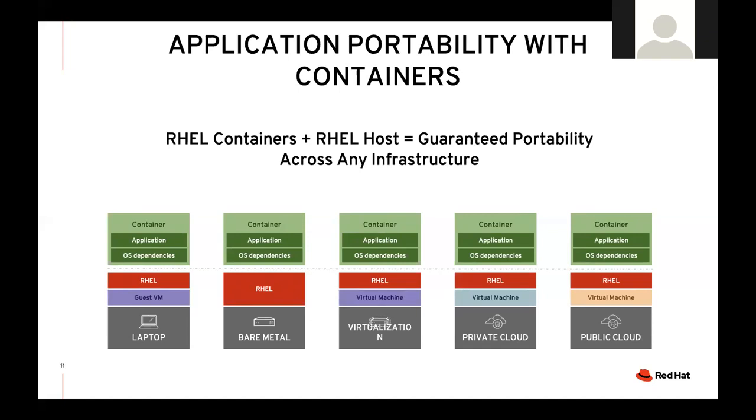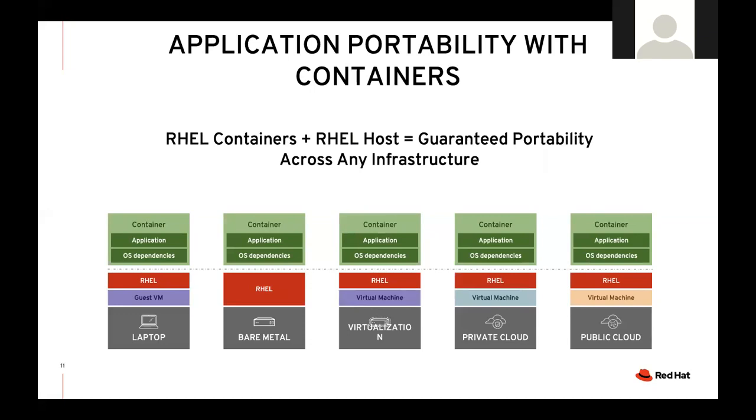So containers are a lighter, standardized way of packaging applications. They need to run across multiple platforms, whether from the laptop or virtual server or physical server or any public cloud. They just need the underlying operating system underneath it.